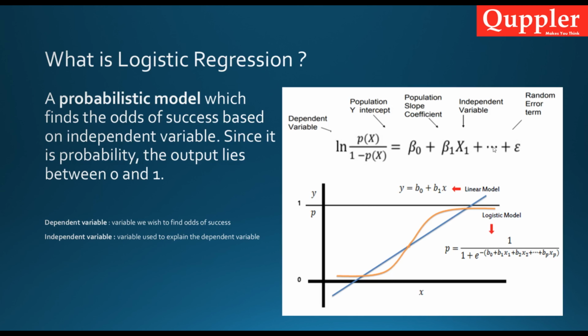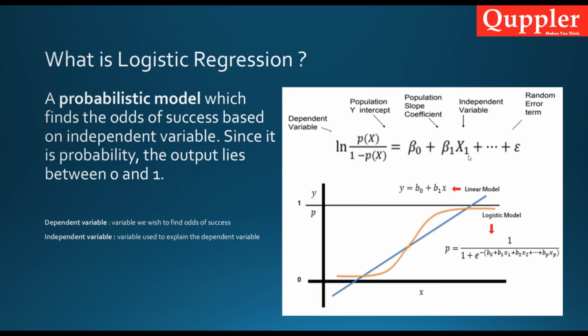It could go up to n, based on the number of columns you have in the data set, till the random error term. Beta naught is always the intercept, and beta 1, which is multiplied with x1, is the coefficient. Similarly, you can have multiple coefficients for the different columns you have. On this side, we always take the dependent variable, and this you can term as the independent variable.